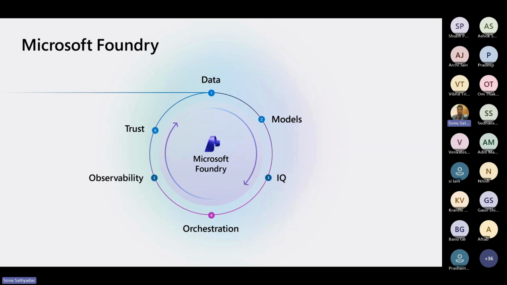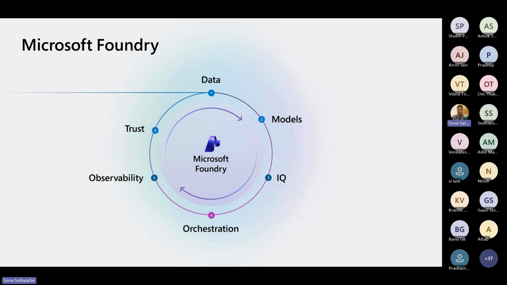But how do these agents work? The basic component of an agent is the large language model, because every agent uses a large language model to understand and interpret the user query. When the user makes a request or writes a prompt, the agent uses the LLM to understand and respond.